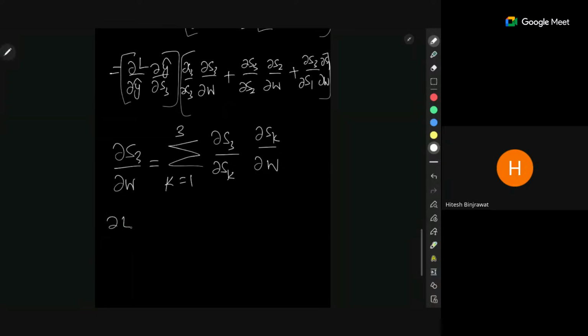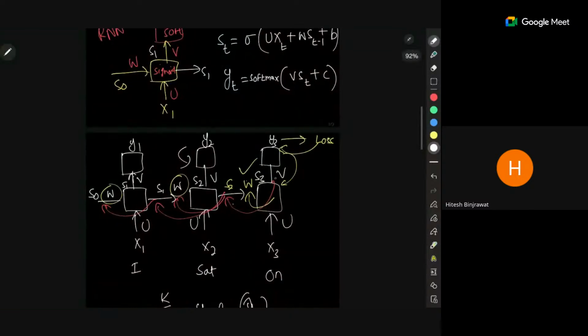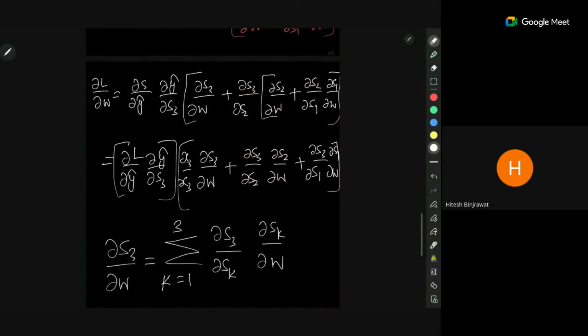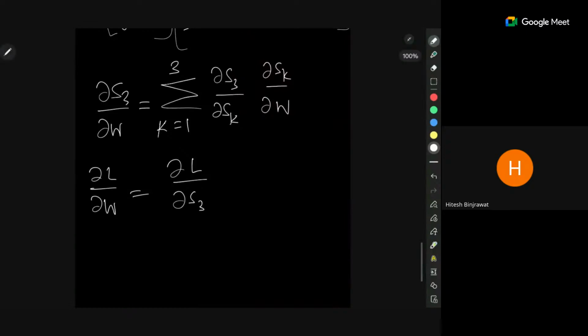So if I ask you with respect to loss, you have to do loss with respect to the last output layer, or S3 in this case. You can see from the image, S3 is here, right? Output from the recurrent networks, right? So from S3 you have to go, and then you have to write the summation.